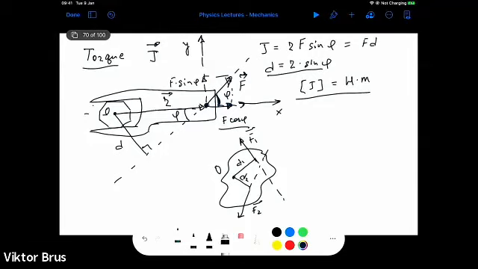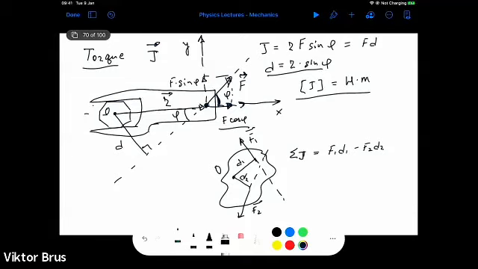That's why the net torque will be the sum of torques originated from two forces, which will be F1 D1 minus F2 D2, since they tend to rotate in different directions.